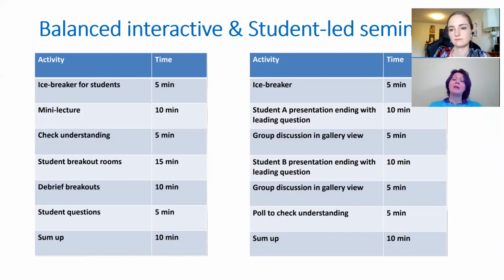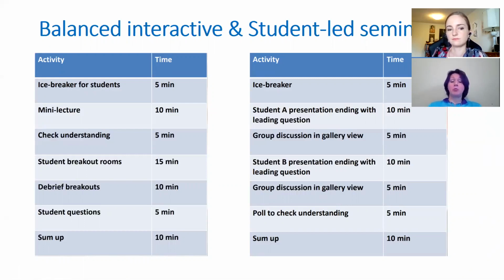You will notice that starting with an icebreaker is something common for all 4, but in the balanced interactive model, after the icebreaker, you will offer your students a mini lecture for about 10 minutes, then spend some time checking for understanding.